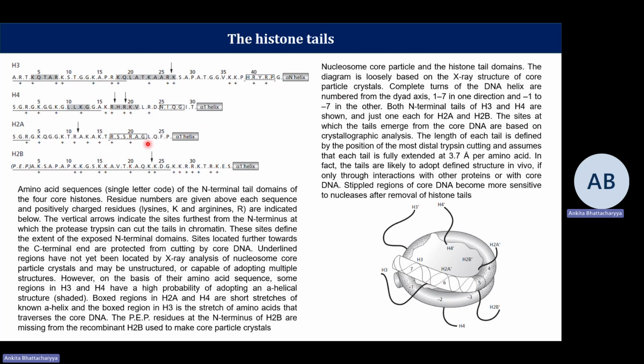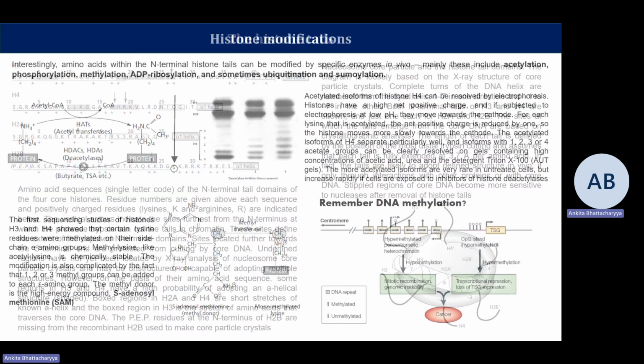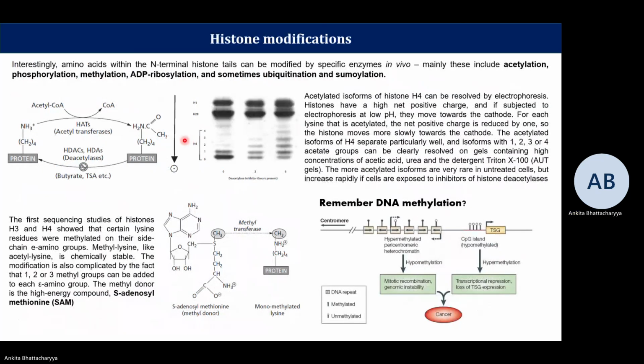And you can see that largely there are some common residues on which these modifications take place. Mostly it is lysine and arginine, and they have these marks that we already have talked about. The types of modifications can vary. These include acetylation, phosphorylation, methylation, ADP ribosylation, and sometimes ubiquitination and sumoylation.